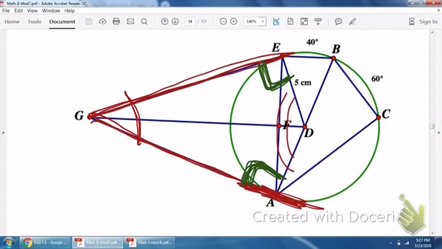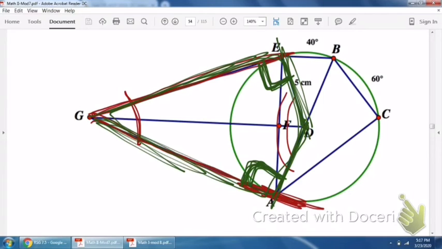Now this whole shape that I'm outlining is a quadrilateral. So those four angles have to add up to 360. If these two are 90, that's 180. 360 minus 180 would be 180. So that means this angle and this angle here would have to add up to 180 to make it a total of 360.